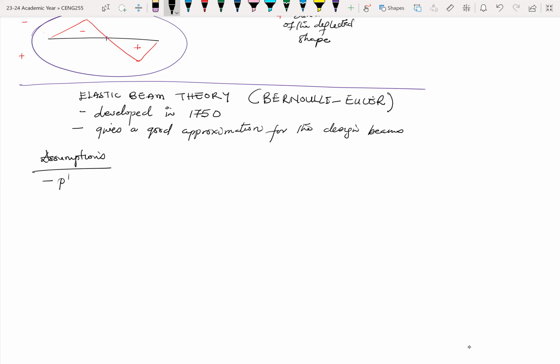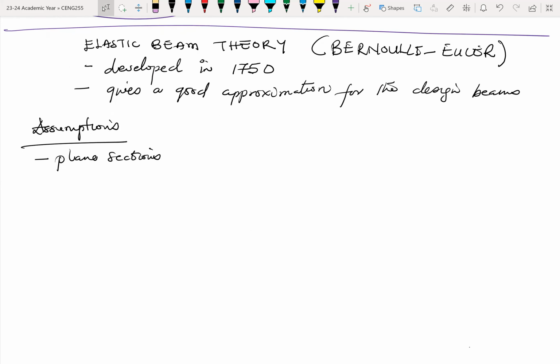It says that plane sections remain plane. Okay, and then deformed beam slopes are very small, or are small.